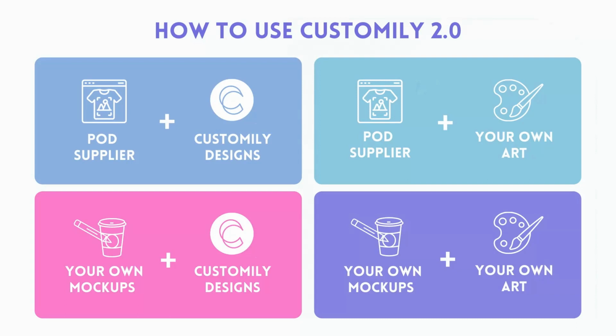Or you can, of course, add your own designs to your own products. This is the path that involves more time, but once you have all your product mockups and all your designs set up, it's just a mix and match game, and you'll be able to create and launch new products in really short time. So now that we have the different alternatives clear, let's create some products together, okay?